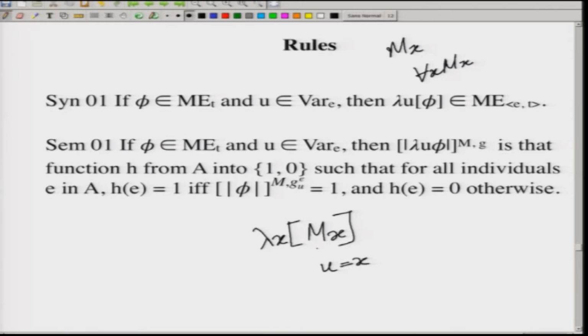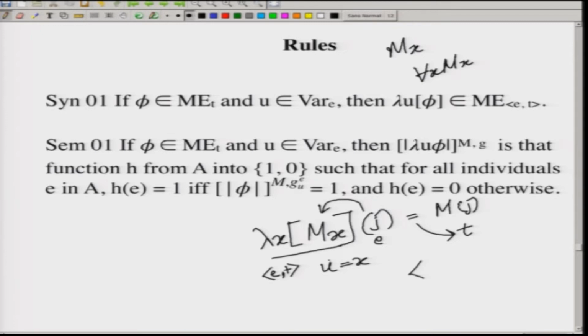Why is it e to t? Because it will take an e type thing, and what will it yield? It will yield m j, which is t type. So, you can see that it takes an e type and yields a t type, which means the type of the whole thing would be e to t. Otherwise, it could not have taken e and yielded t, right. We can see how it works.